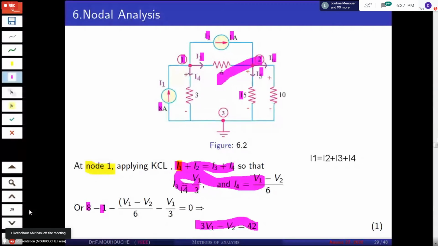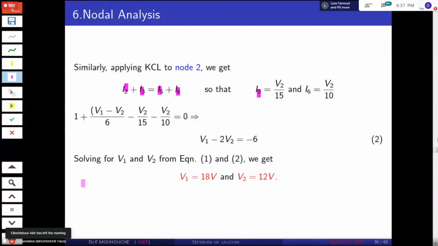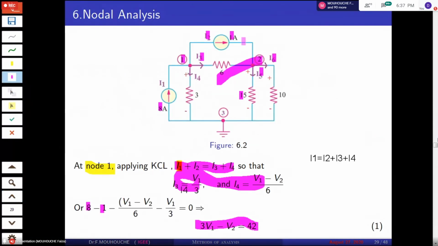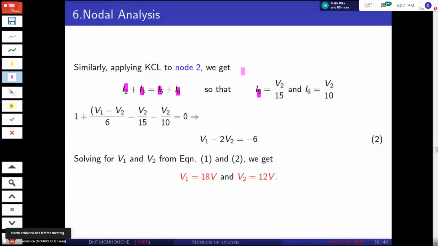So we have 1 ampere plus V1 minus V2 over 6, minus V2 over 15, minus V2 over 10.